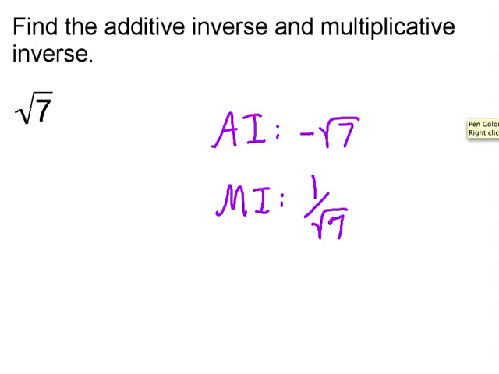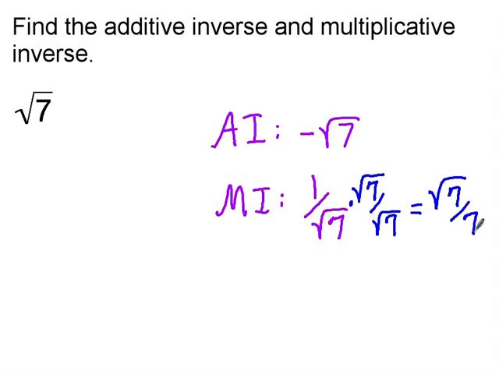So this is what you're going to do. Whatever the square root is on the bottom, you're going to multiply both the top and the bottom by that number. Okay? On the top, what do you get? Root 7. On the bottom, this is the trick. Those are going to cancel each other out, and you're going to be left with the number 7.